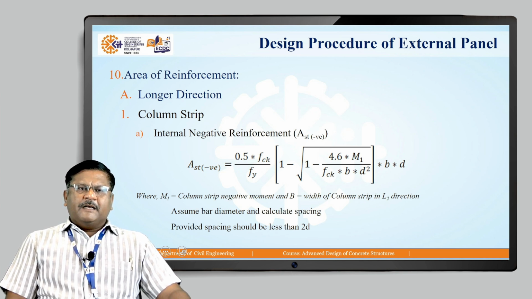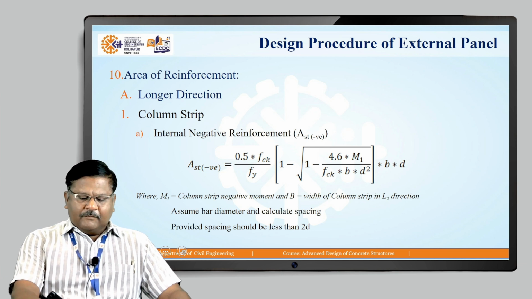First column strip, in that negative internal reinforcement: AST negative is equal to 0.5 FCK upon Fy into bracket 1 minus under square root 1 minus 4.6 into M1 upon FCK BD square, bracket complete, B into D, where M1 is negative moment in column strip and B is the width of column strip in another direction.